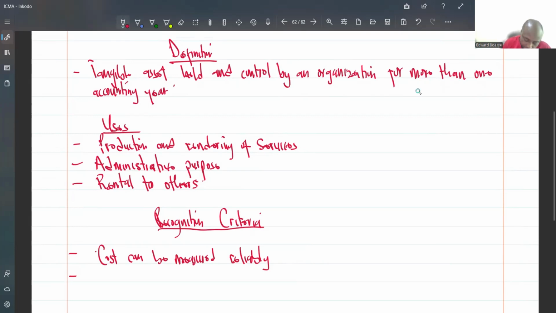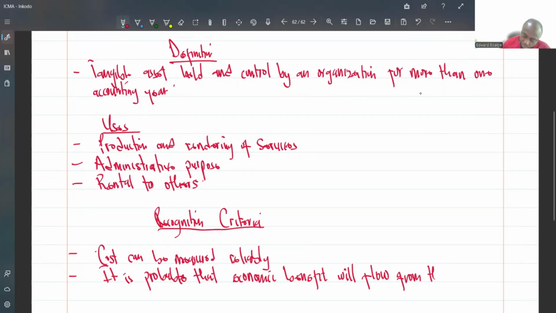So we are talking about it being probable that economic benefits will flow from the asset to the entity.